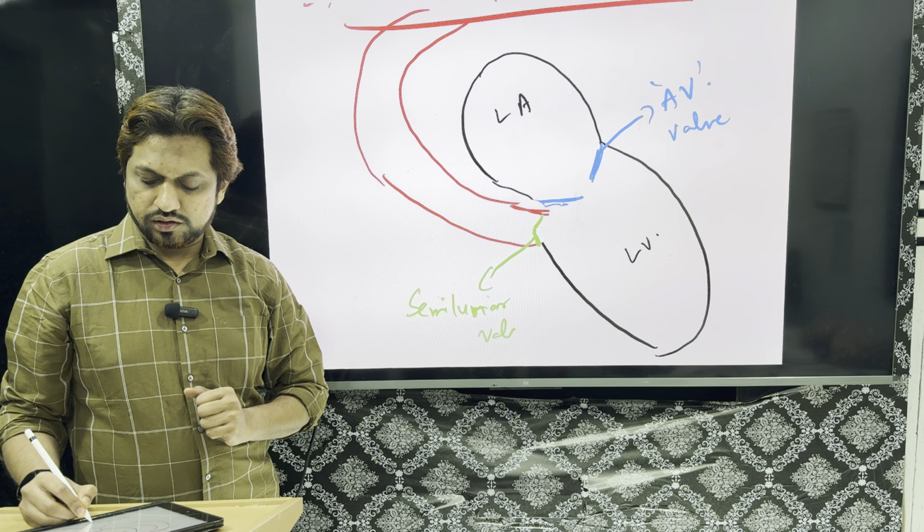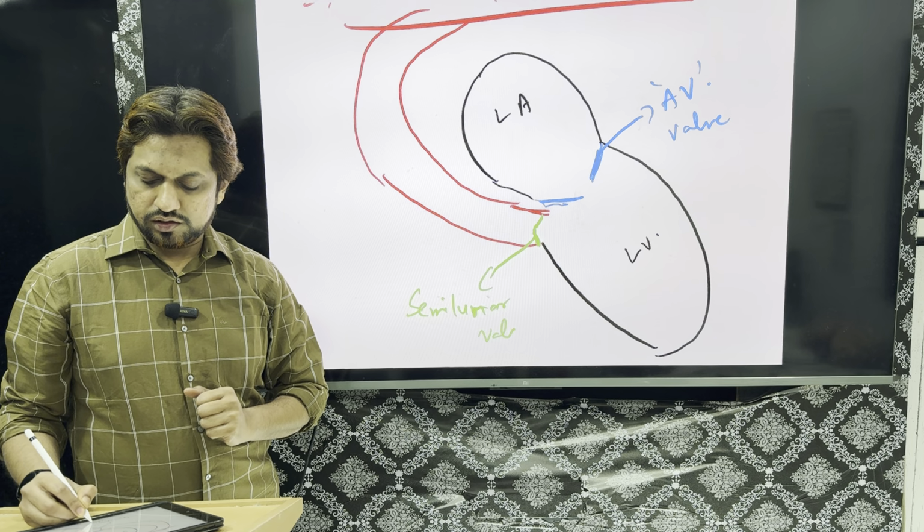So, because of the closure of the semilunar valve, now the next phase of the ventricular diastole, totally the sixth phase, is the isovolumetric relaxation period, or isovolumetric relaxation phase, which is around 0.06 seconds. What happens during this time is, since the atrioventricular valves are already closed, this is left atrium, this is left ventricle, and again aorta.